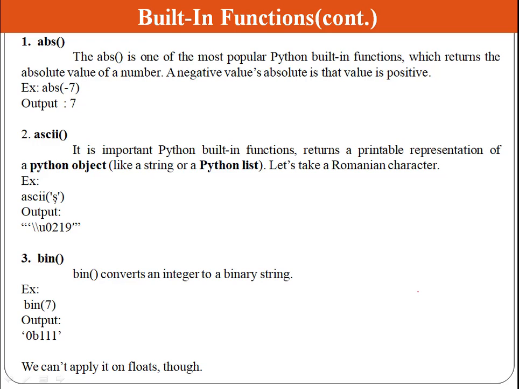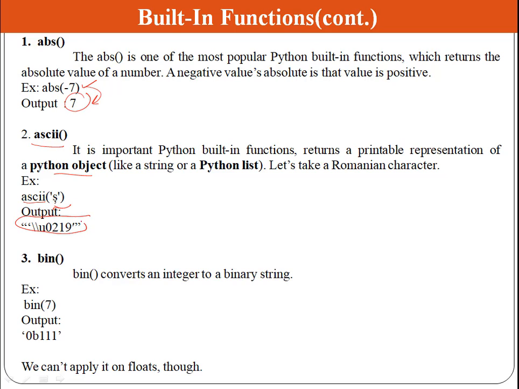ASCII is an important Python built-in function that returns a printable representation of a Python object, right? So how to use it: you are using ASCII, and you are passing some character, like a Romanian character, so it is giving you the Unicode of that, right? Then bin converts the integer to a binary string.